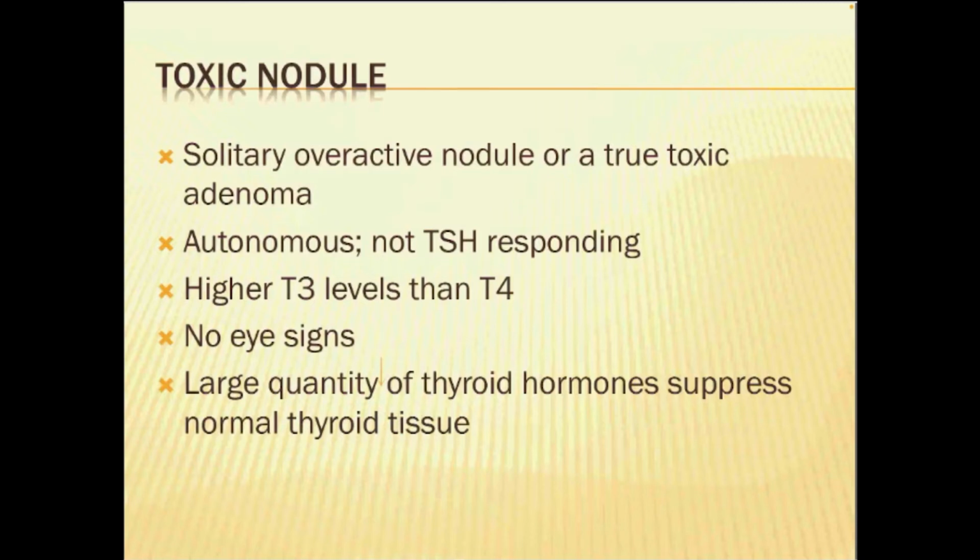It produces on its own without responding to TSH. This is why it is also called an autonomous nodular goiter. Here, there are no eye signs, and even the patient will not have any features of hyperthyroidism, because the rest of the area will not produce T3 because of the negative feedback mechanism.